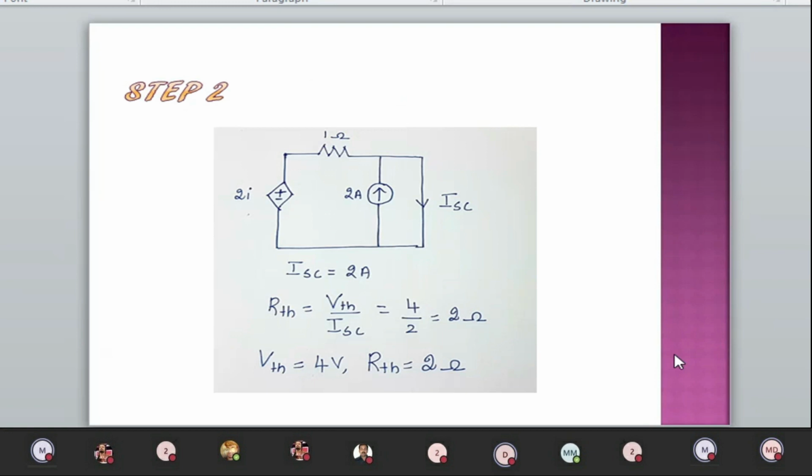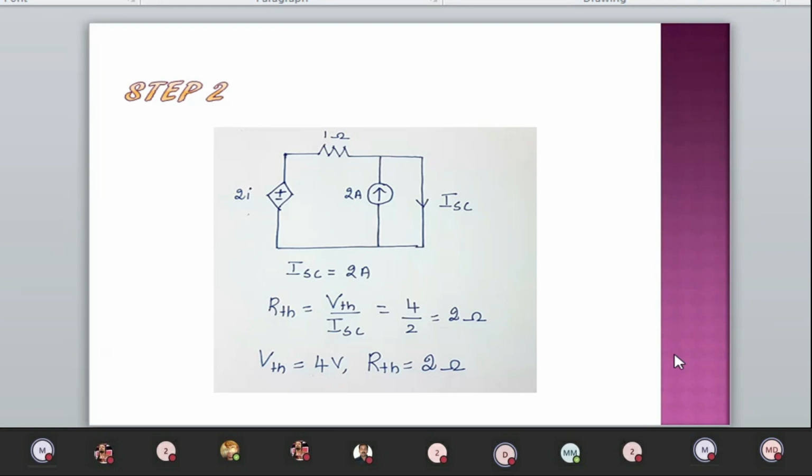Because when you create a short circuit, the entire current flows through the short circuit only. The other networks obviously remain dead. So what is R Thevenin? V Thevenin divided by short circuit current. What is V Thevenin? 4 volts. What is short circuit current? 2 amps. Okay, so R Thevenin is 4 by 2, 2 ohms.